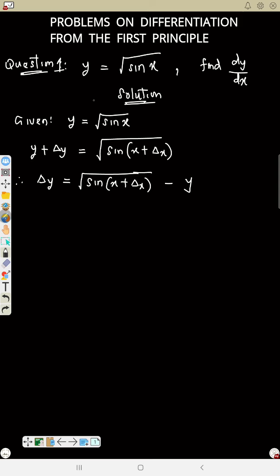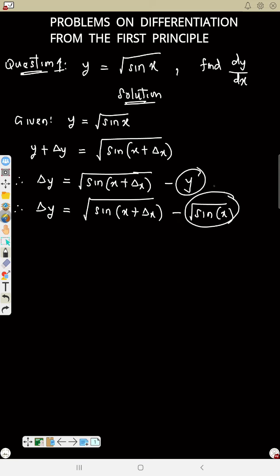Now what is your y? Look at the real question. y is equal to square root of sine x. So instead of writing this y, I can write square root of sine x. So delta y is equal to square root of sine of x plus delta x minus square root of sine x, because this y is square root of sine x, as you can see in the question, so I replace it.